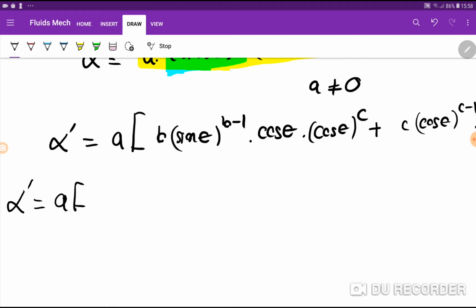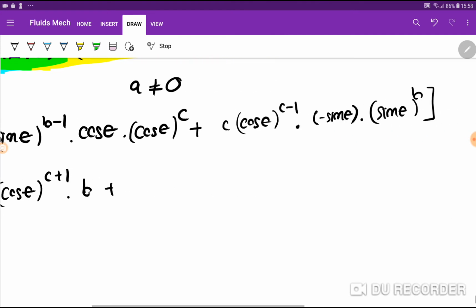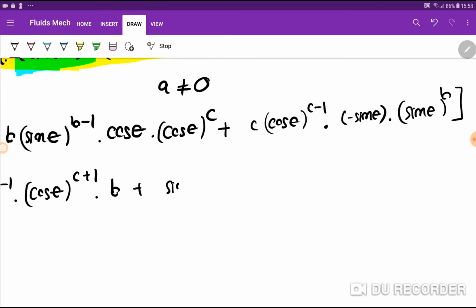The rule is like this: I write sine first, then cosine, then the coefficient. So this is sine theta to the power b minus 1 times cos theta to the power of c plus 1 times b, plus, disregarding the negative for a bit, sine theta to the power of b plus 1 times cos theta to the power of c minus 1 times negative c, right? You agree with me?